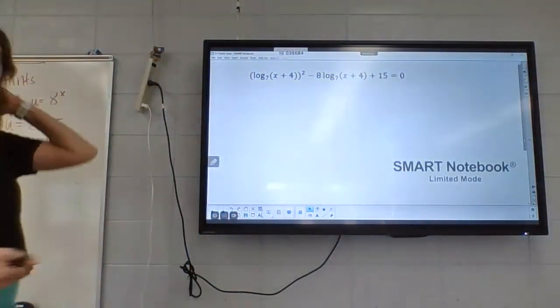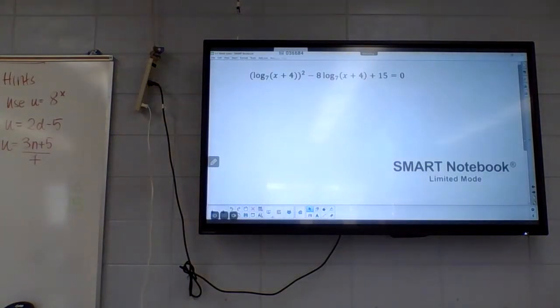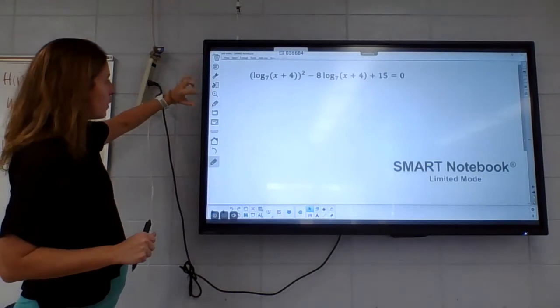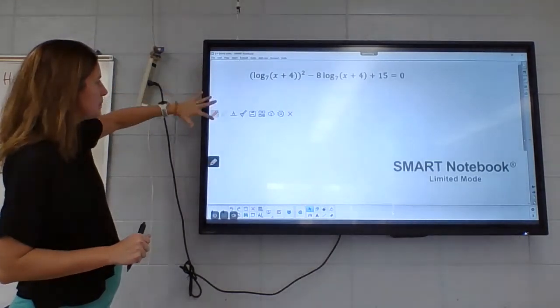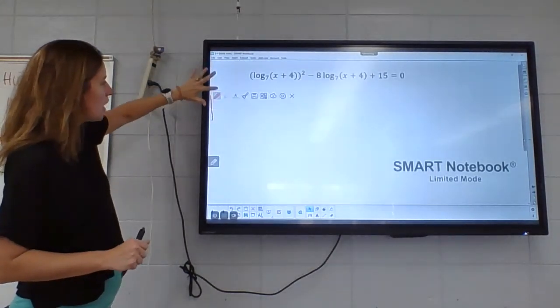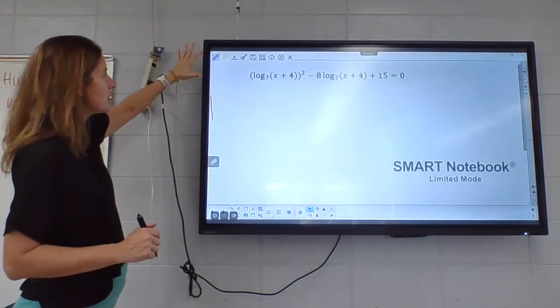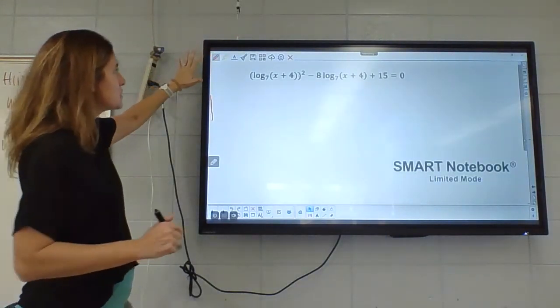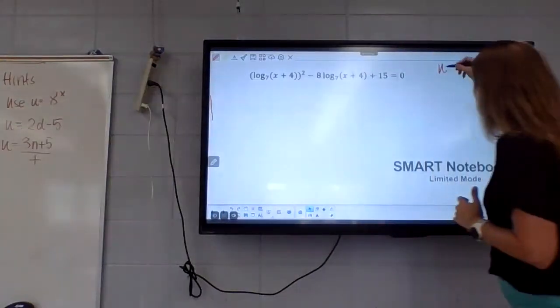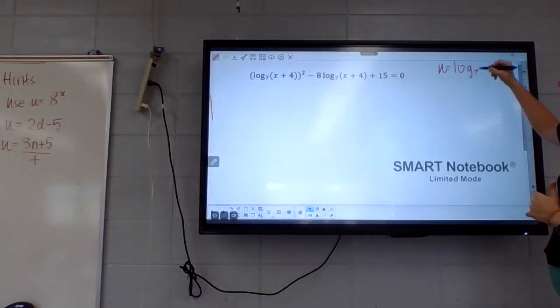Any thoughts on what you think our U should be in this case? What looks really tough about this problem? The log, right? So let's make that our U. So we're going to say that U is log base 7 of that whole x plus 4.